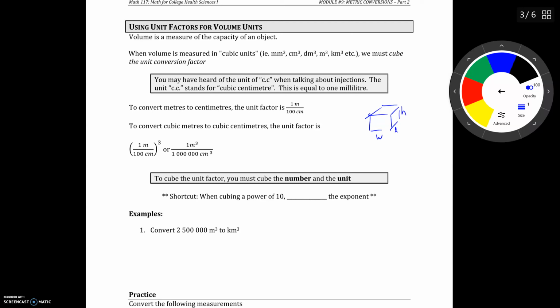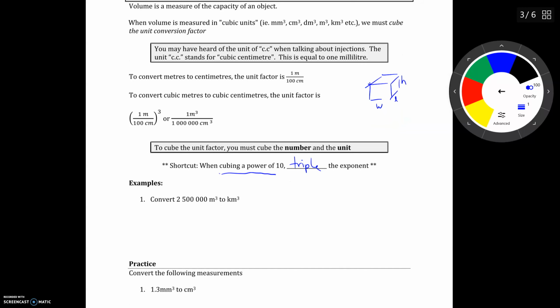Okay, and so our standard distance conversion factors have to get cubed in order to account for these 3 different dimensions. When we're doing metric conversions, if we express our conversion factor as a power of 10, then when we cube the power of 10, our shortcut is we can triple the exponent.